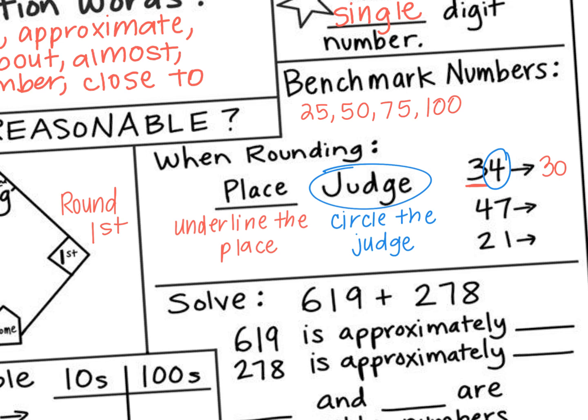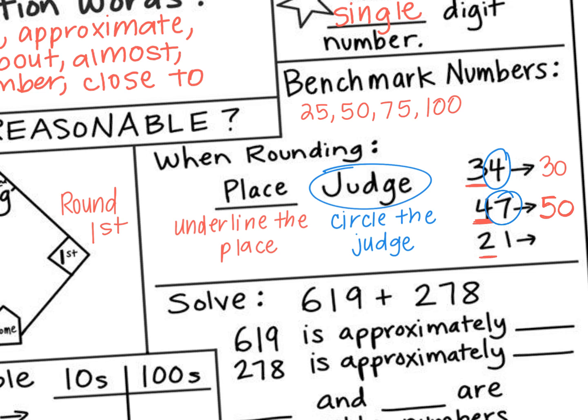What would I underline in 47 if I'm rounding to the tens place? The 4. What do I circle? The 7. Now 7 is greater than 5, so what's going to happen to the 4? Is it going to go up or is it going to stay the same? It's going to go up. It's going to go up to 5 and everything after turns to a 0.